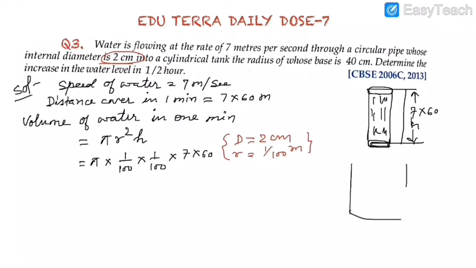Now see, it is the cylindrical tank. I am making the diagram. The cylindrical tank whose base is given 40 centimeter, again you have to change here in meter.